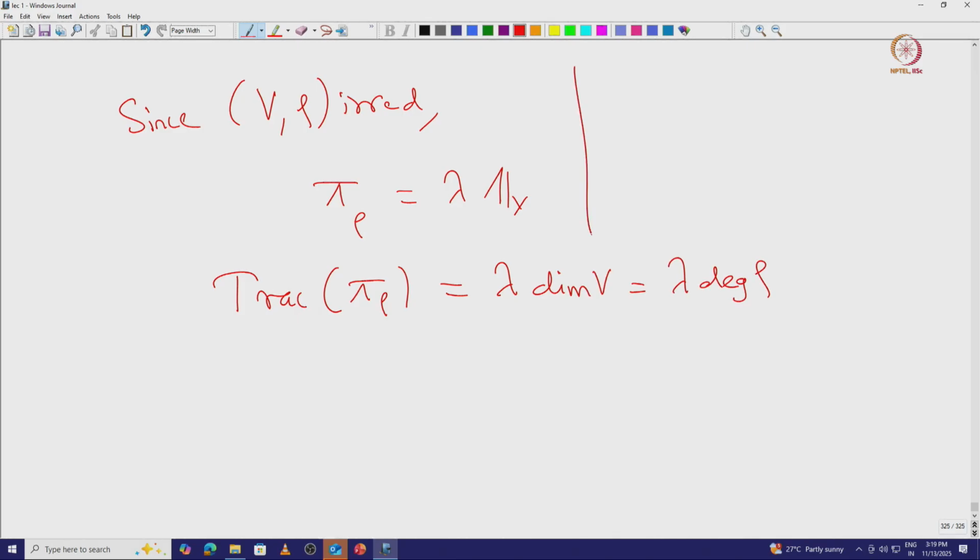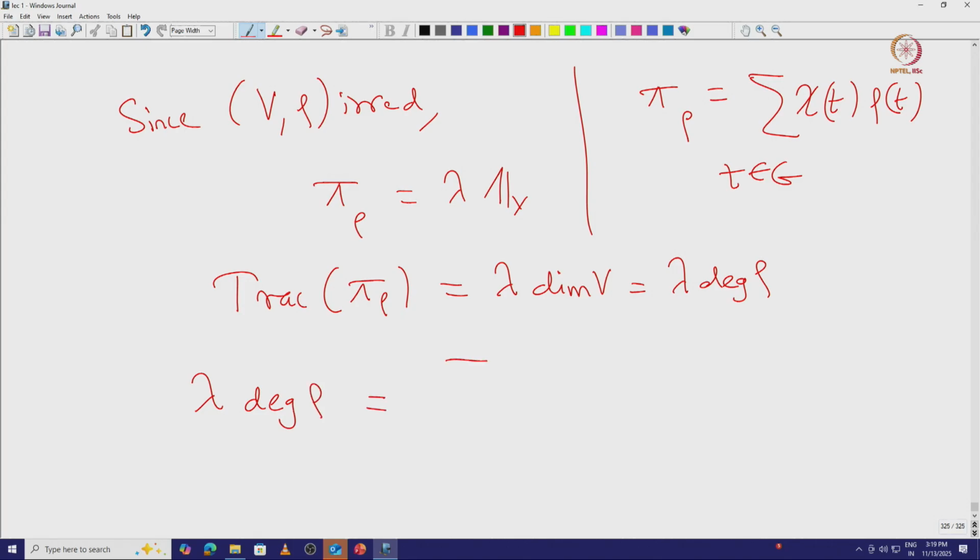Now, since pi rho is given by summation chi of t rho t, t in G, we can see that this is exactly lambda times degree rho equal to summation chi t, where chi t are complex numbers, t in G, and then the trace of rho t. So this is what we get.